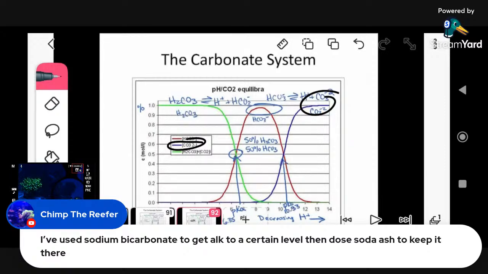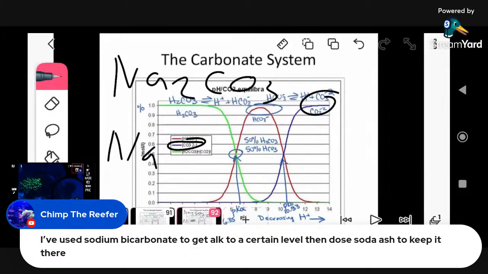Okay, perfect. Now there's the equation I was trying to look for. Na2CO3, that's soda ash, and then bicarbonate is Na, and I forgot if it's 1 or 2 H's, but let's say it's 1 H.